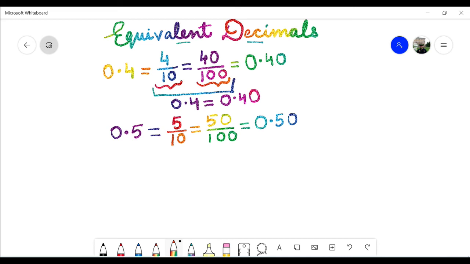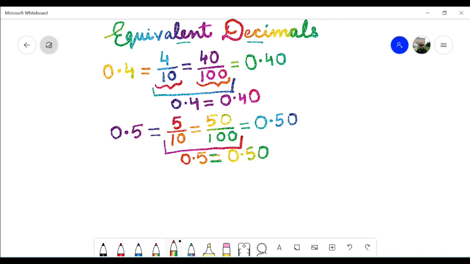So, since 5 upon 10 and 50 upon 100 are equivalent fractions, 0.5 is also equal to 0.50. They are equivalent decimals.